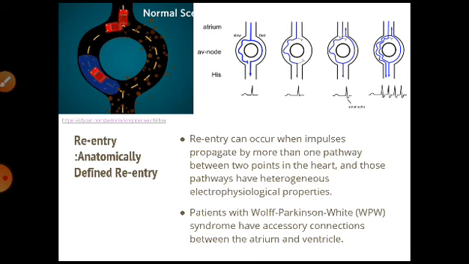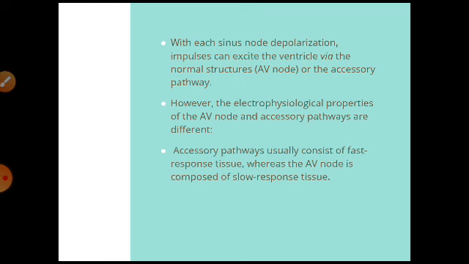So those who are patients of WPW have alternative pathways in their heart, and these pathways are connecting the atria and ventricle. With each sinus node depolarization, impulses can excite the ventricle via the normal structure or the accessory pathway.